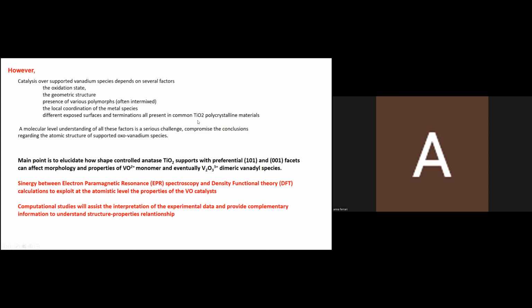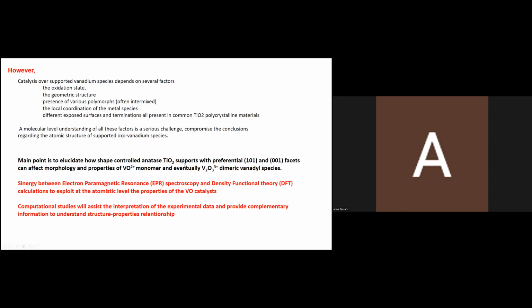In this case, titanium dioxide, and it depends also on the surface exposed by the polycrystalline titanium dioxide materials. So to understand the atomic structure of these vanadium species is a serious challenge, because there are lots of factors that should be taken into account.